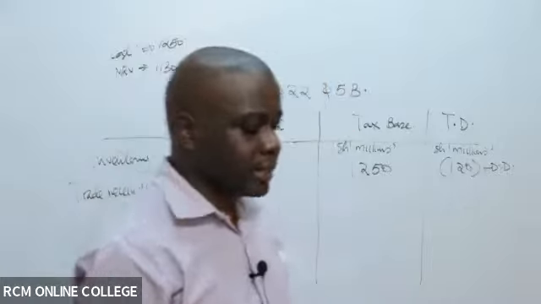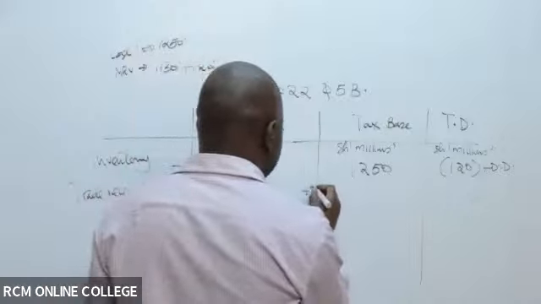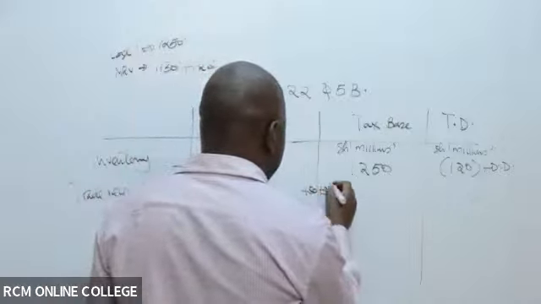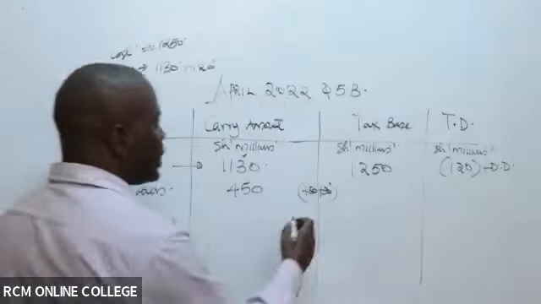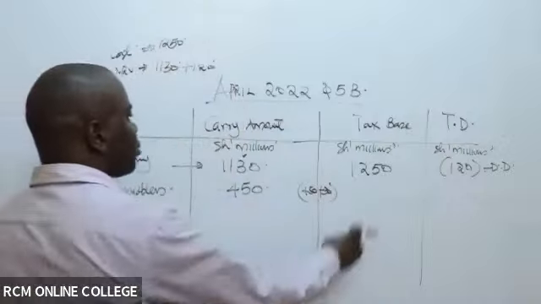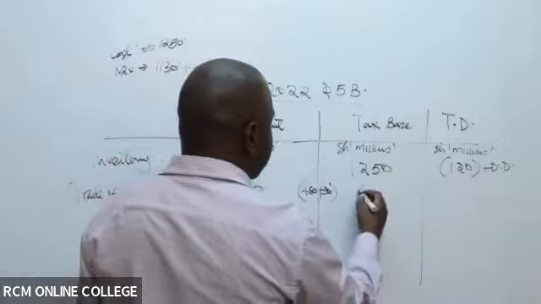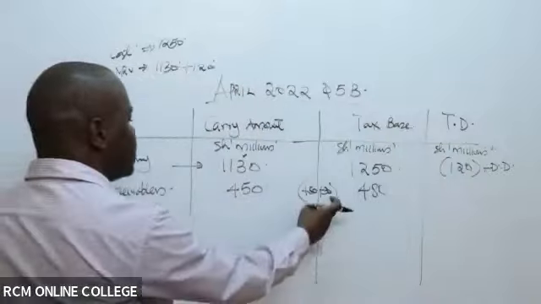So what the taxman actually considered here will be 450 plus what was actually allowed as bad debts. The taxman doesn't recognize this provision. So what the taxman will consider here is 480 million, before providing for the bad debts.